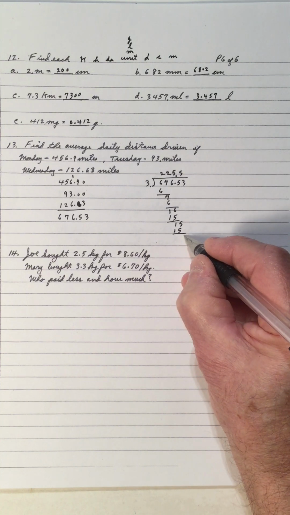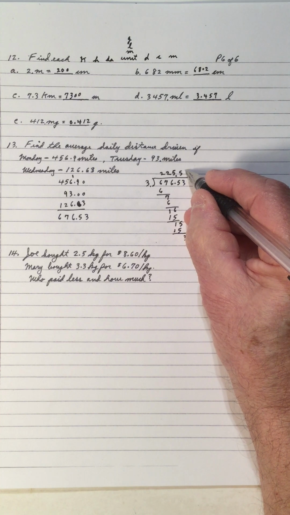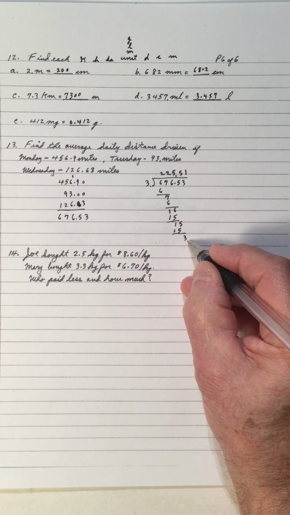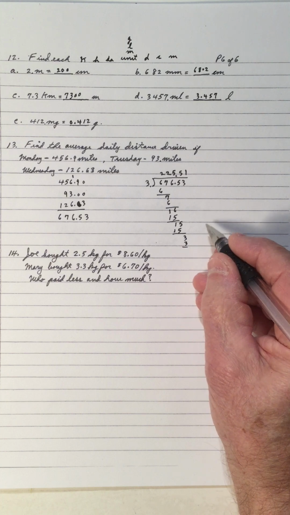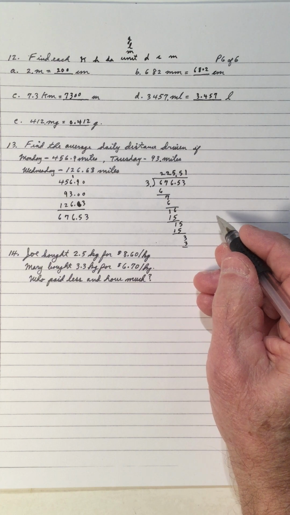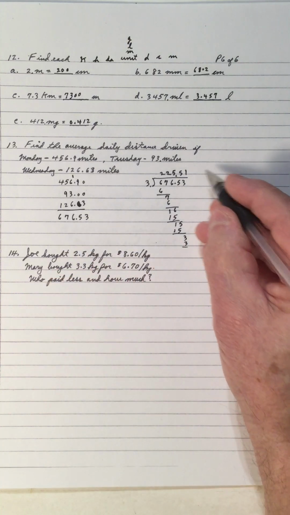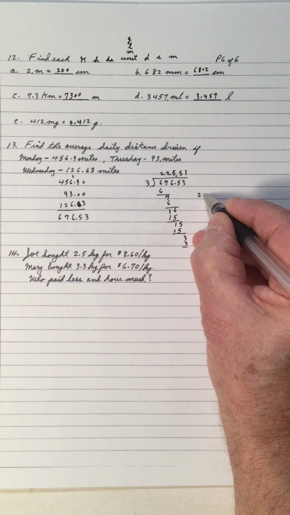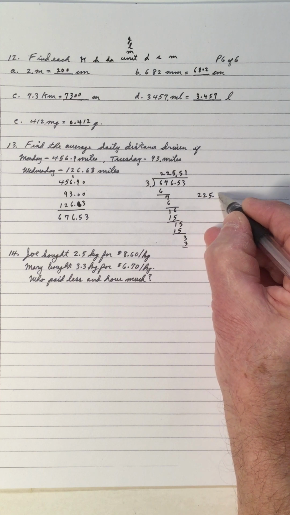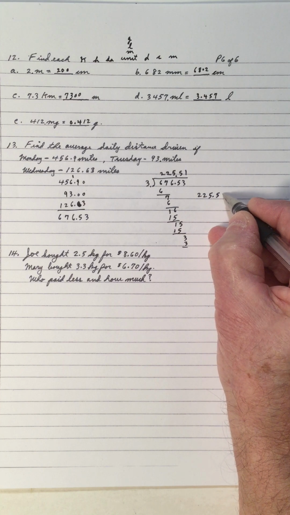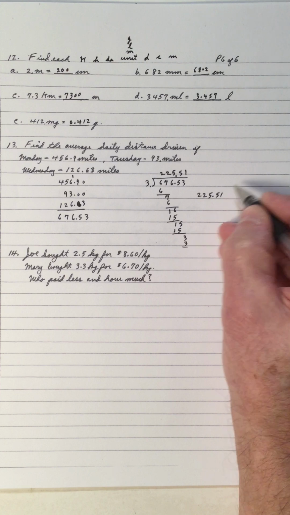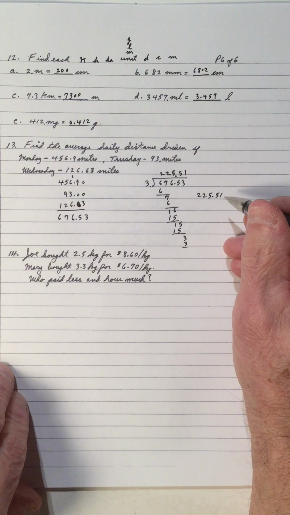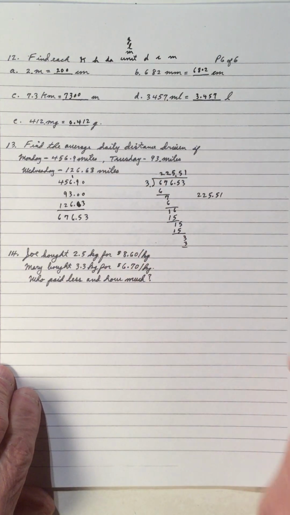You got to bring down your 3. 3 into 3 goes 1. And there's your average, and that's your average mileage driven, 225.51. That's the average number of miles you drove over 3 days.